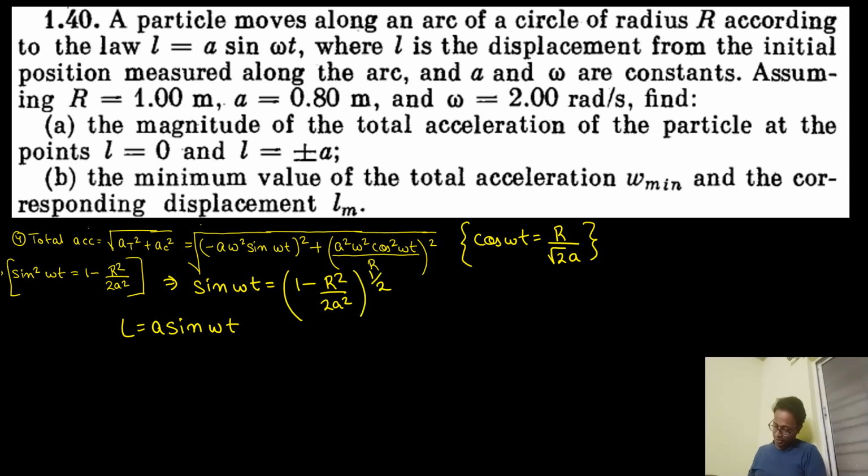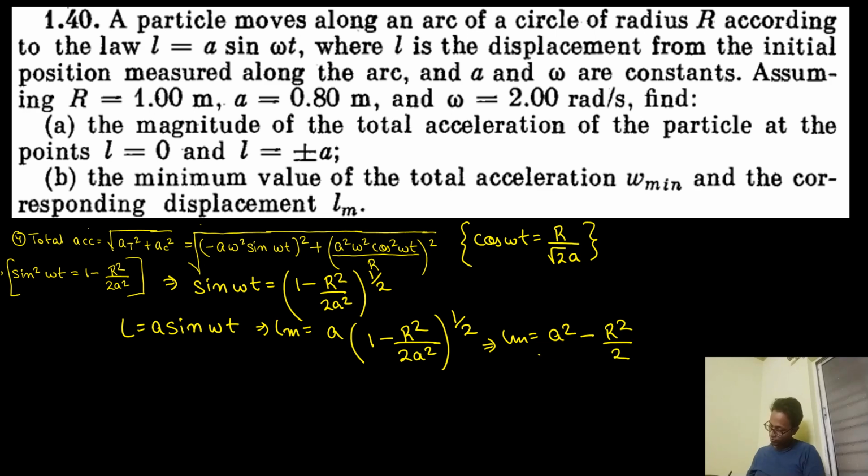Or L minimum is equal to A into 1 minus r square by 2a square to the power 1 by 2. Or if I send the a inside, L minimum is equal to the square root of a square minus r square by 2.